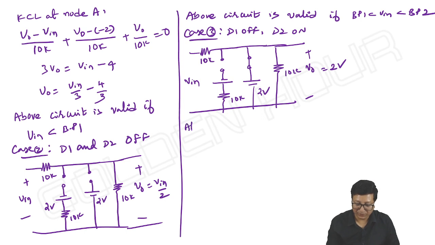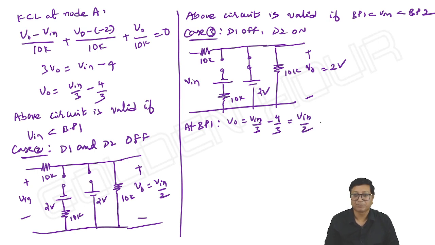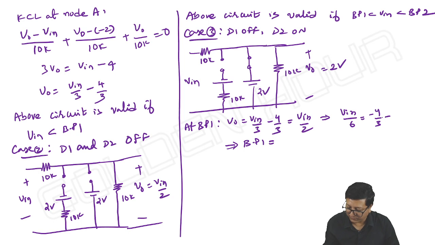Then what about the breakpoints? At breakpoint 1, I can write output is equal to input by 3 minus 4 by 3, and it is equal to input by 2. So V input by 6 is equal to minus 4 by 3, which implies breakpoint 1 is equal to minus 8 volts.